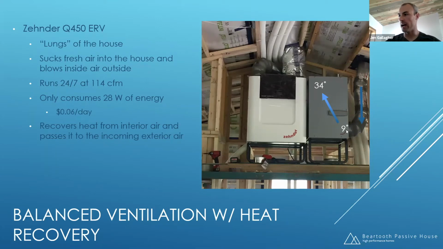So we come in at 9 degrees, it goes across this little heat exchanger in this box and leaves that box at 34 degrees. We had about 25 or so degrees of heating just from using the 50-degree temperature that is 5 or 6 feet underground. That box only uses 37 watts or so.